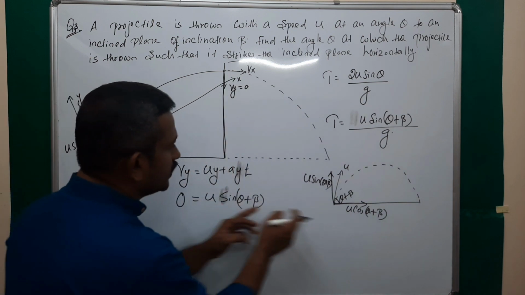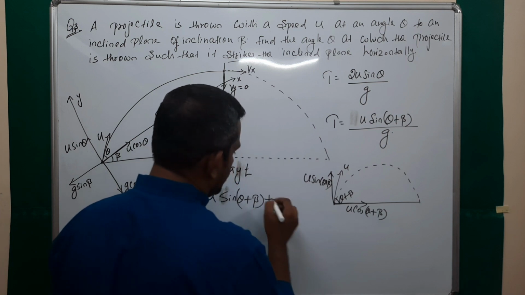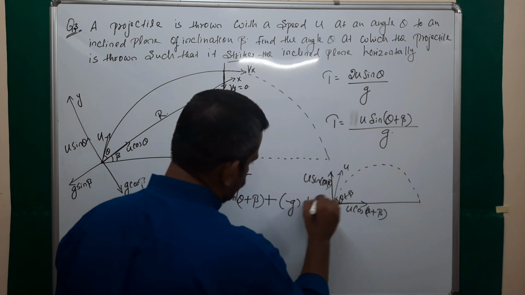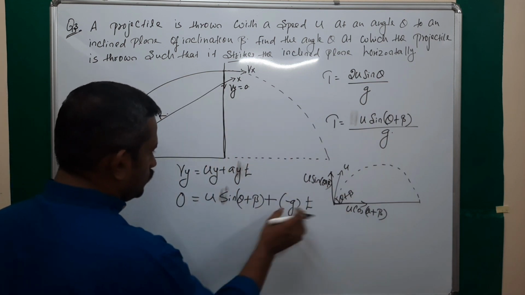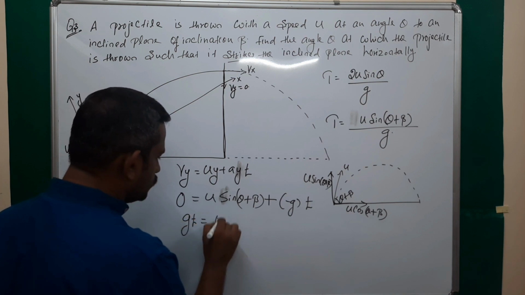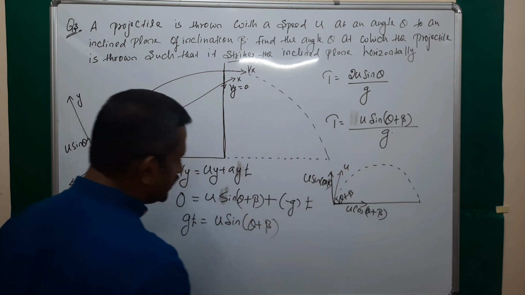So the vertical velocity is u sin(theta plus beta) plus ay, that is minus g, into t. So minus gt, when you bring it across, gt is equal to u sin(theta plus beta).